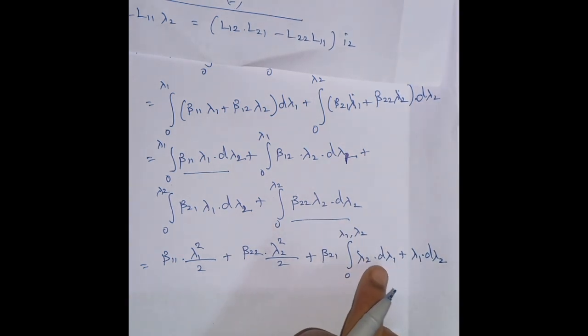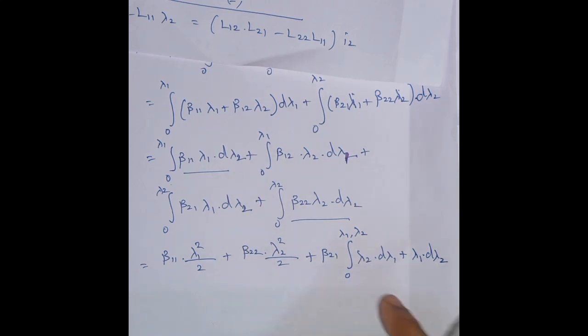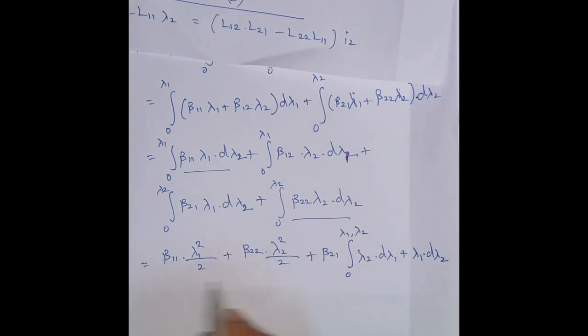So how does it look? Lambda 1 and lambda 2 are interrelated, correct? Both are two different independent variables. So we can write this as differentiation over lambda 1 and lambda 2, correct?